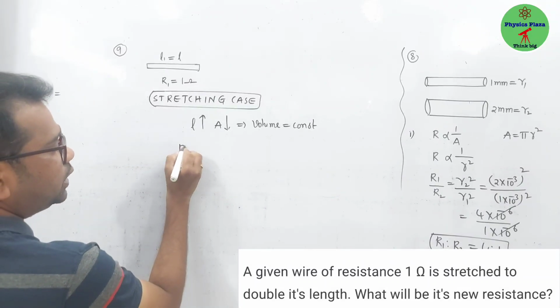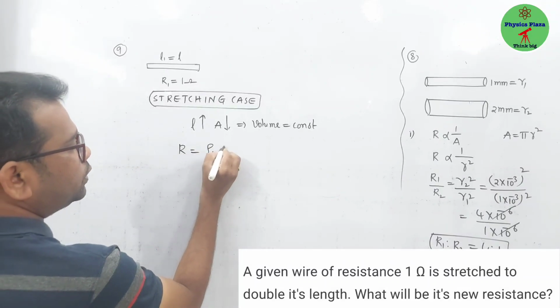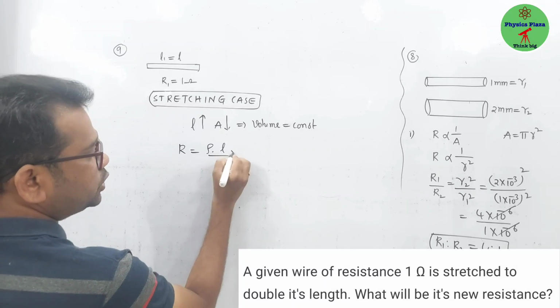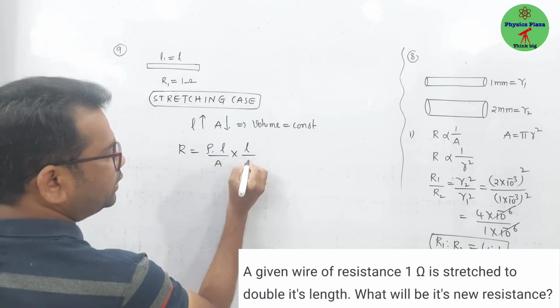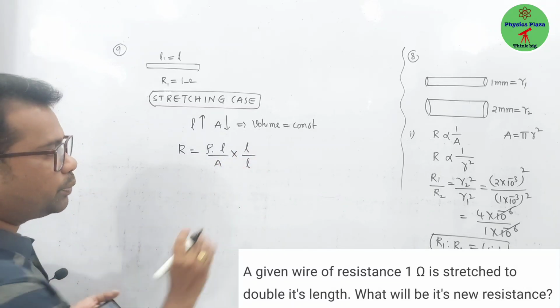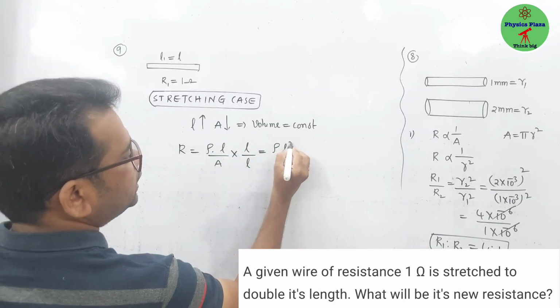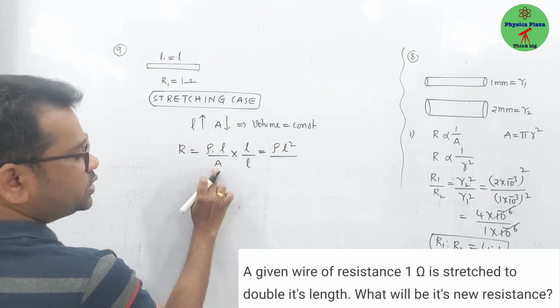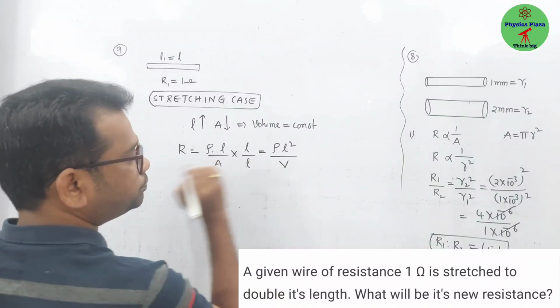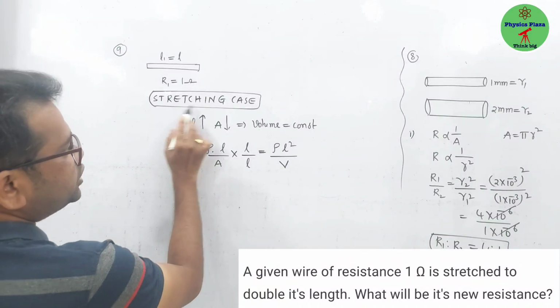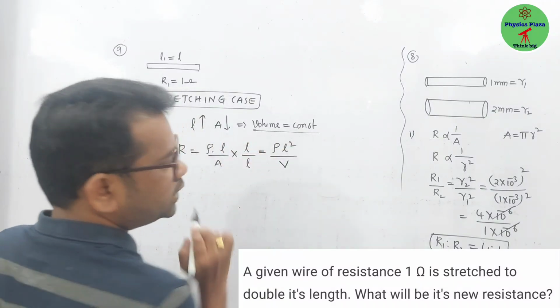Look at here. We know that R is equal to rho into L by A. So let us multiply with L, divide with L. Nothing is wrong because this will get cancelled. Can we write like this? Rho into L square by area of cross section into length. It will be volume. But during stretching case, volume remains constant.